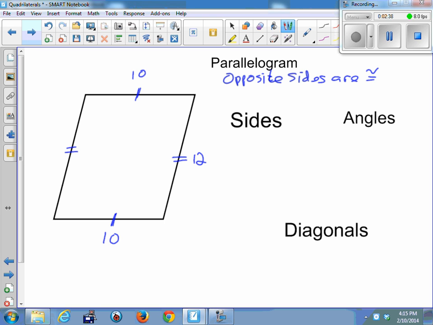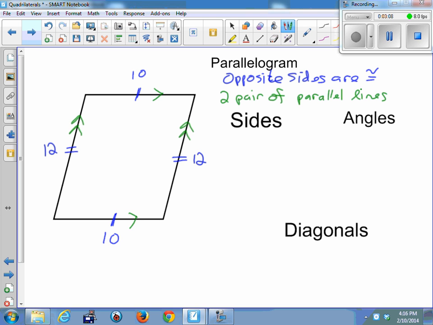But this could be 12, and this could be 12. It doesn't matter. In the parallelogram, opposite sides are congruent. And we have two pairs of parallel lines. So these are congruent, and they are also parallel. All right, that's our parallelogram.